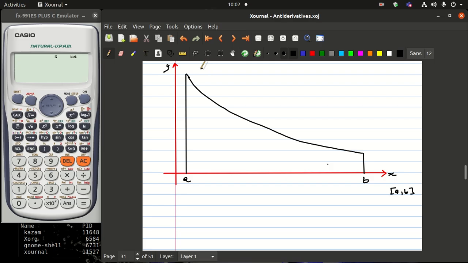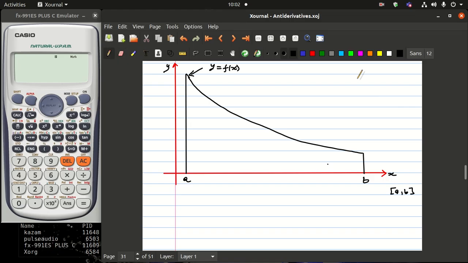This curve here is, let's say, y equals f of x, so it is some function. I am not saying that this function only looks like this. It might happen that the function looks like that, or like that, so it doesn't matter. I'm just giving you this smooth curve so that you can understand what I am talking about.